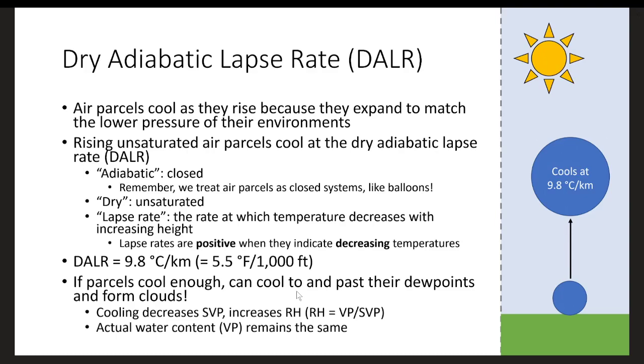So cooler air needs less water in it for a cloud to form. Actual water content, VP, remains the same, because in this parcel we're assuming no mixing and no hydrometeor loading. The only thing that's changing is the saturation vapor pressure, because the temperature cools. So it's not too hard: just cool it off and it's more likely to form a cloud.